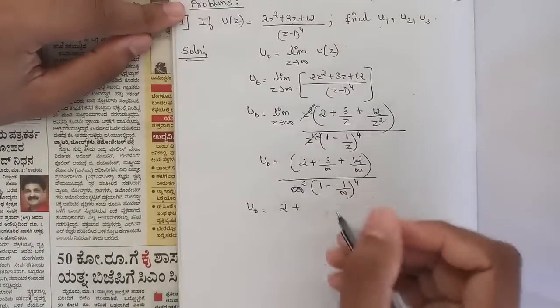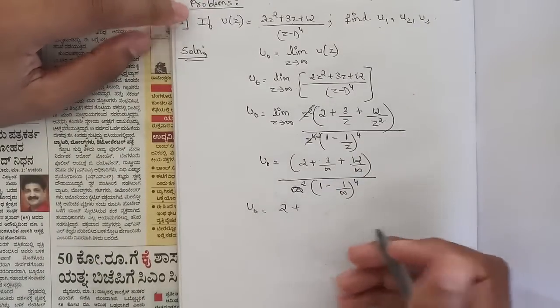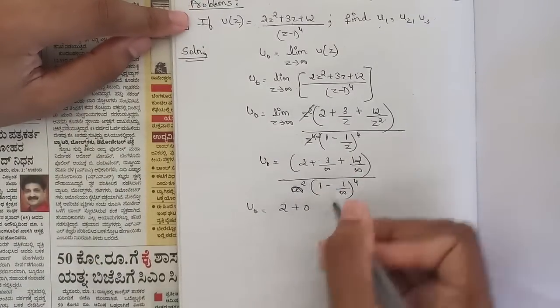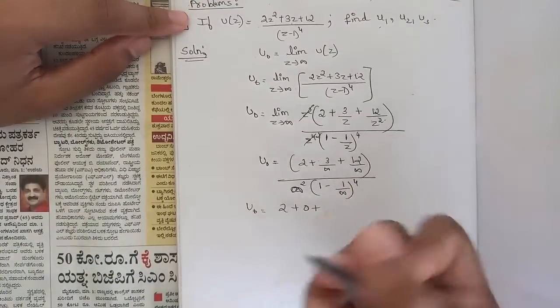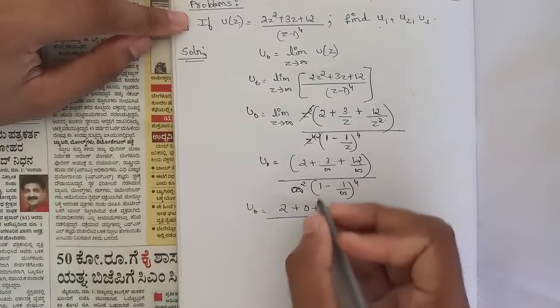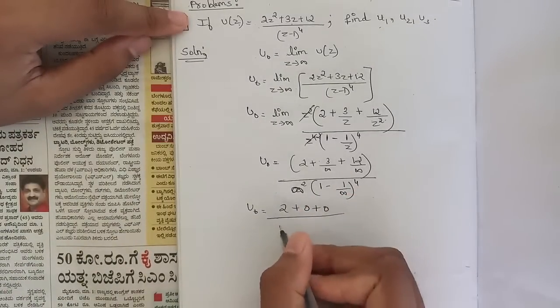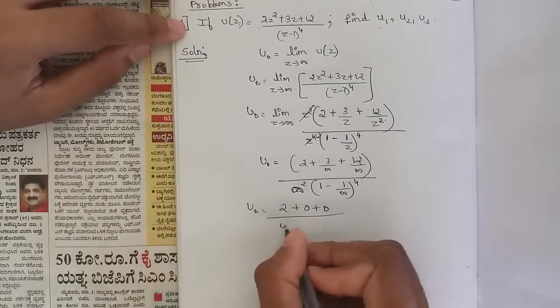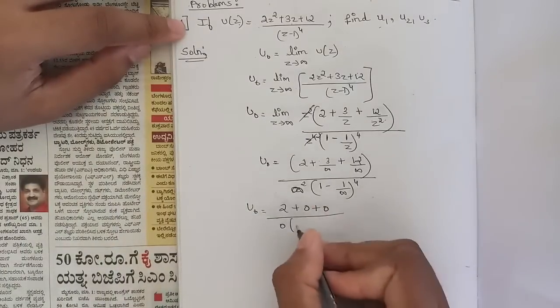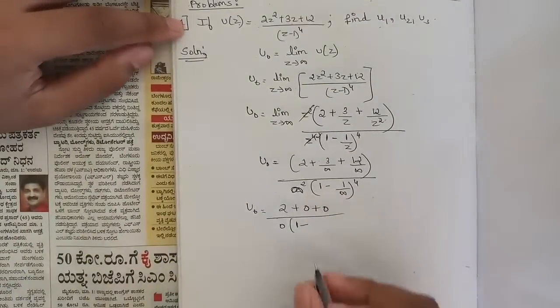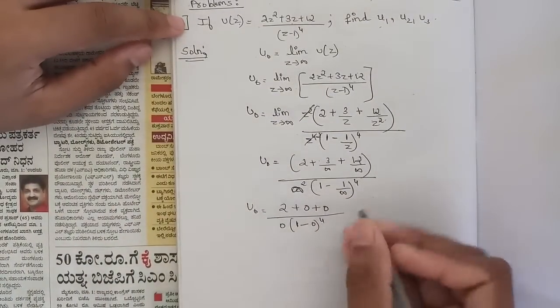2 plus anything divided by infinity, we know that it is 0. Plus again anything divided by infinity is 0, divided by infinity square, which is again 0. 1 minus 1 by infinity is again 0 to the power 4.